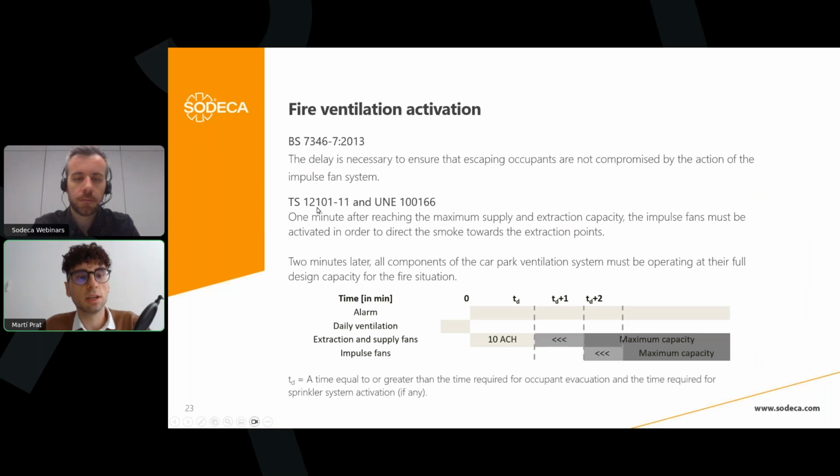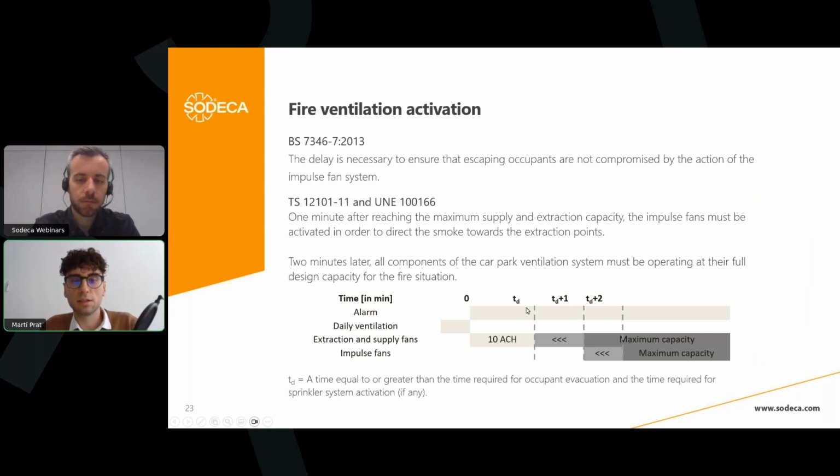In this diagram here, that we can find in the TS 12101 part 11 and the Spanish standard, it states that the daily ventilation is stopped when the fire is detected and the alarm starts, and the extraction and supply fans start at 10 air changes per hour.